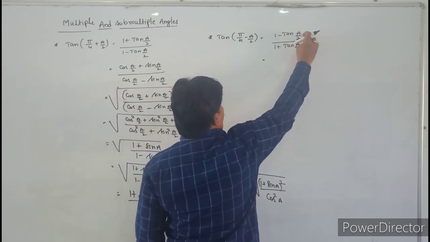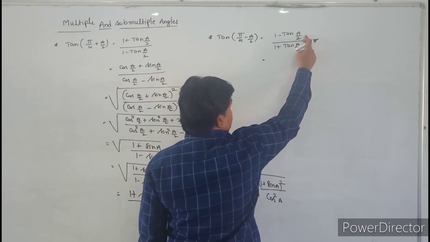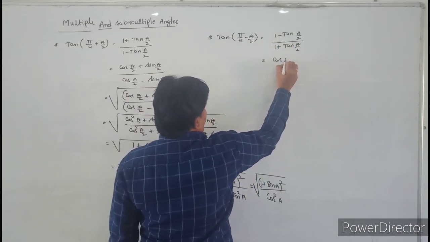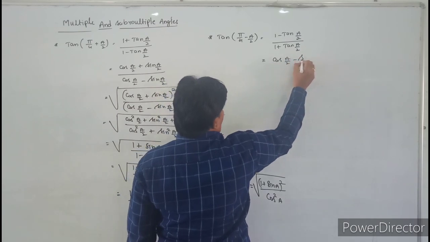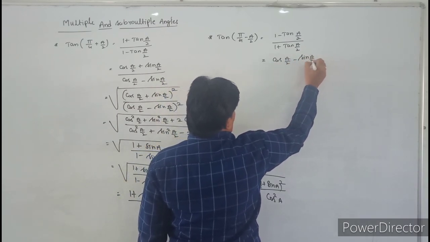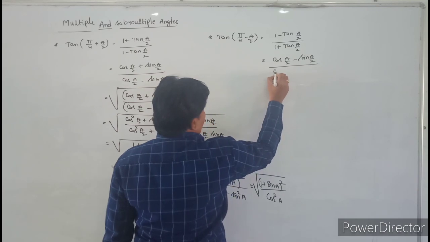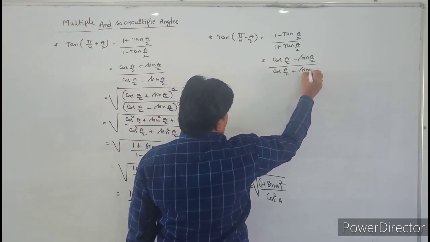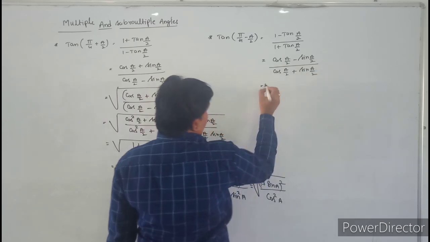In the place of tan, you can write sin A by 2 by cos A by 2 and take the LCM. It will become cos A by 2 minus sin A by 2 by cos A by 2 plus sin A by 2.